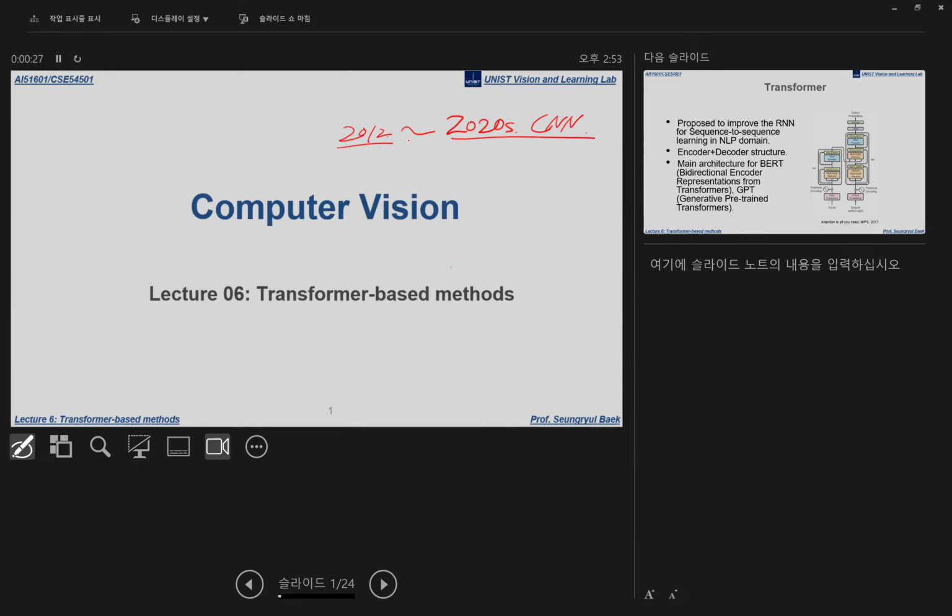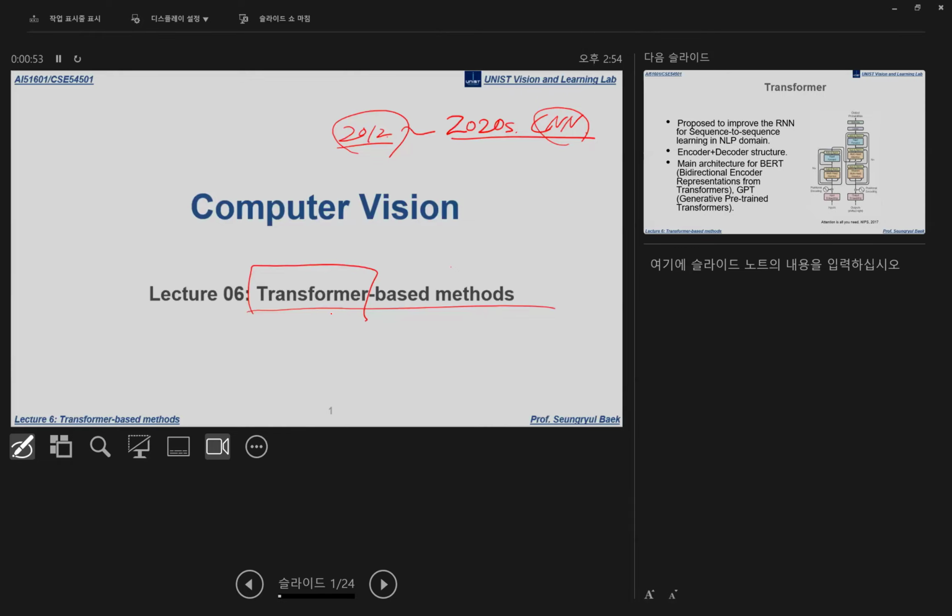Before that, shallow learning algorithms prevailed, but from 2012 to 2020, the convolutional neural network was one of the successful deep learning algorithms. But nowadays, people are replacing the CNN algorithm with transformer-based algorithms.